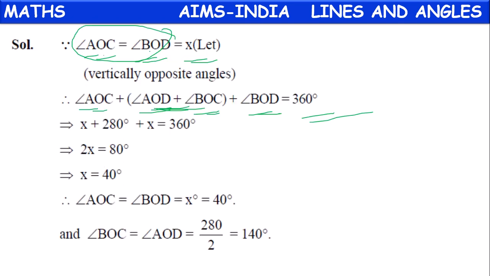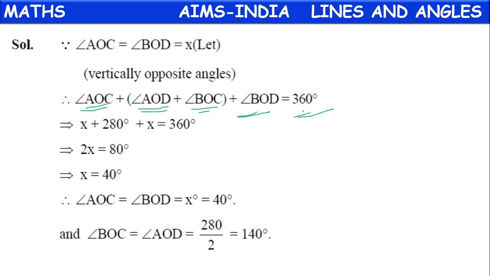So if they write all four, AOC plus AOD plus BOC plus BOD equal to 360 degrees. So AOC they have taken as x. The sum of these two they have given 280. BOD equal to x, equal to 360.